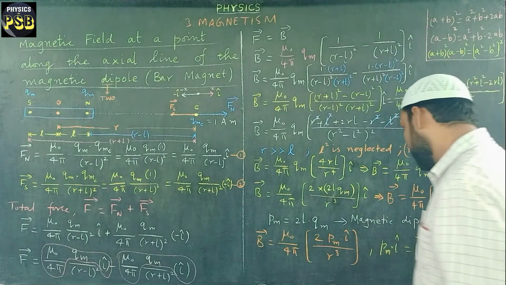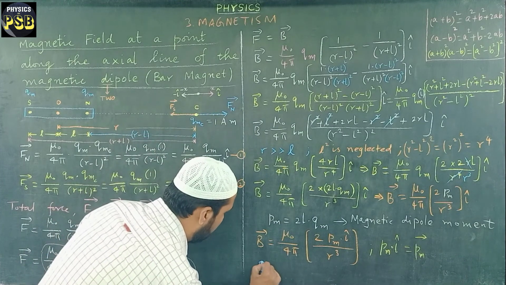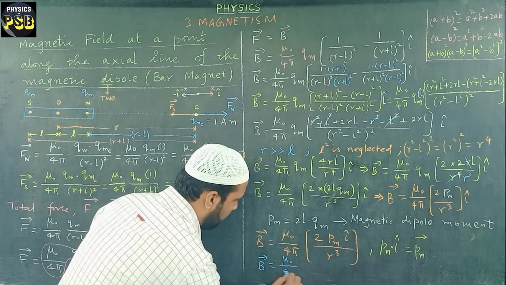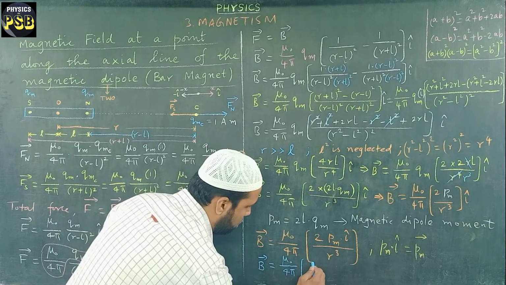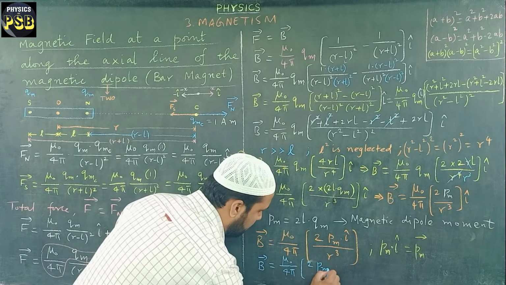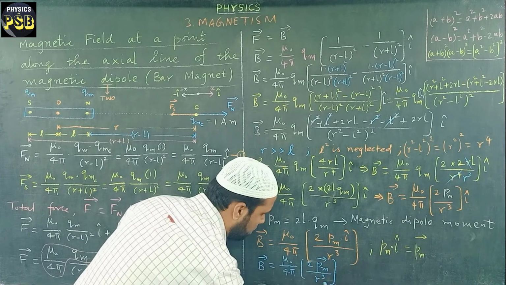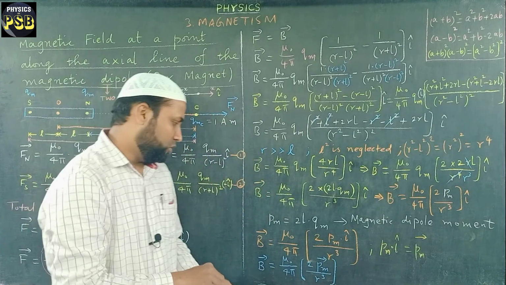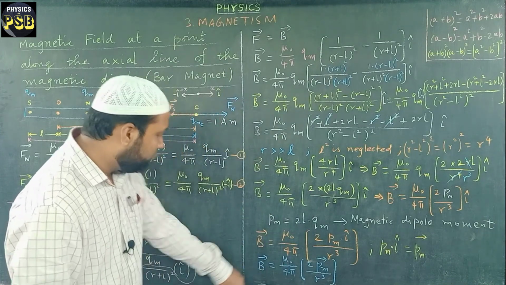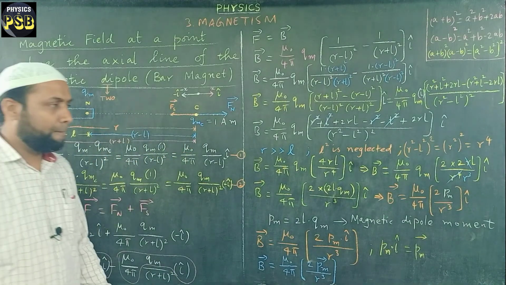So this equation can be written in this manner: B vector equals mu naught upon 4 pi, 2 PM vector divided by r cube. This is the final equation that provides us the magnetic field at point C due to this bar magnet.